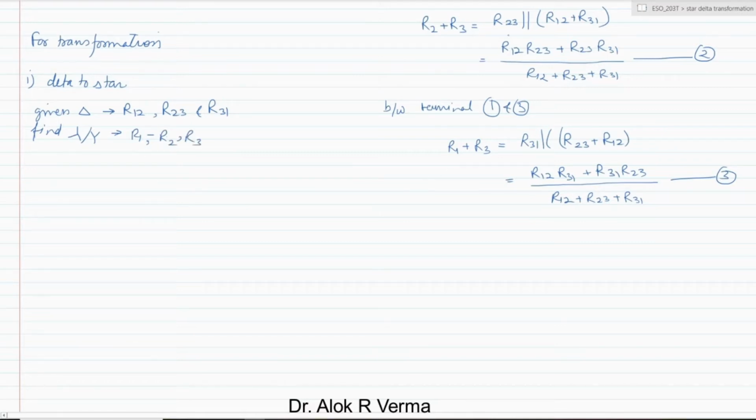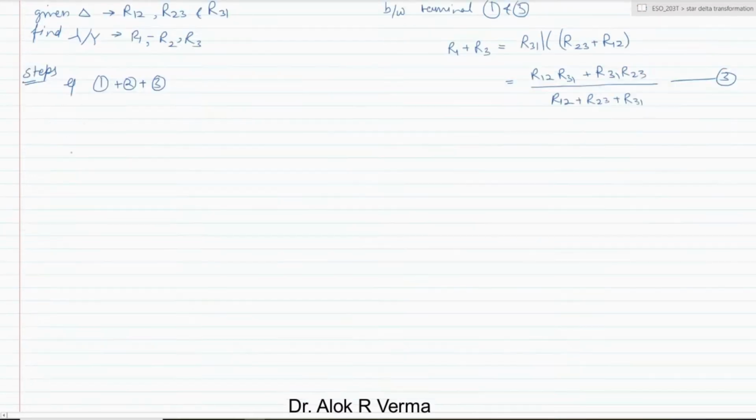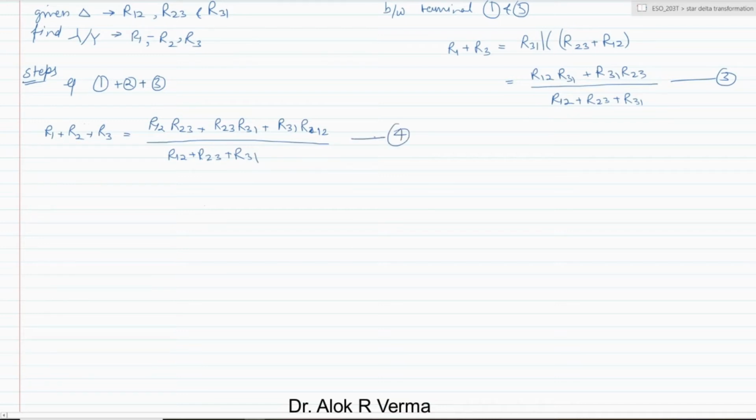Clearly, if you add all these equations and then divide by 2, we get R1 plus R2 plus R3 equal to R12 R23 plus R23 R31 plus R31 R12, divided by R12 plus R23 plus R31. So this can be taken as equation number 4.